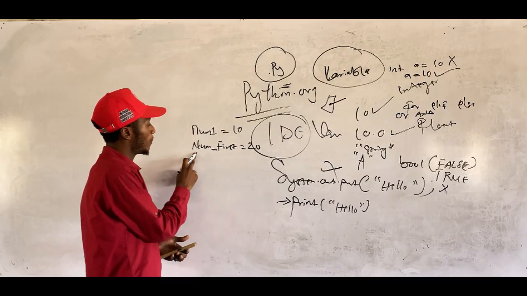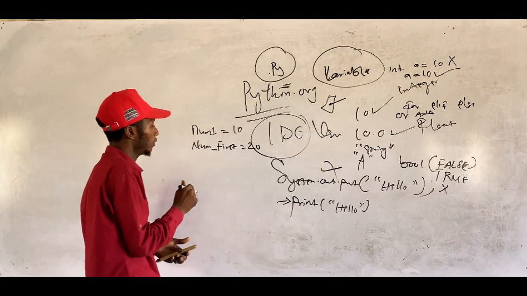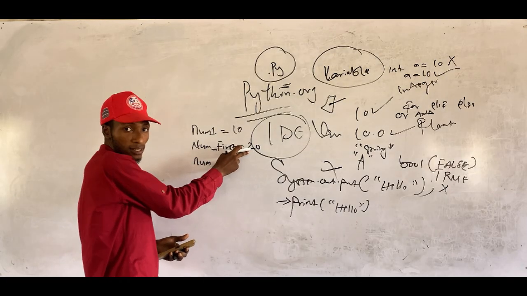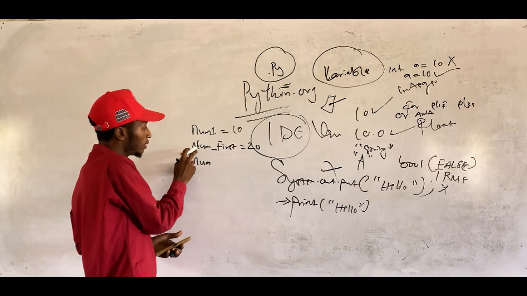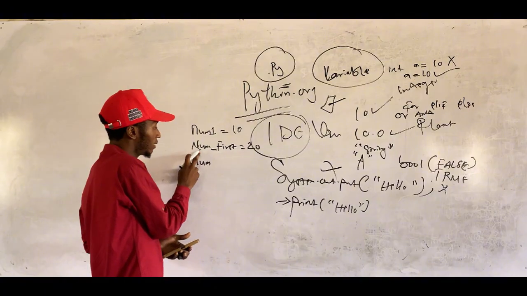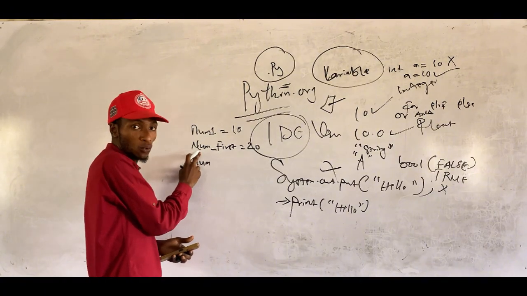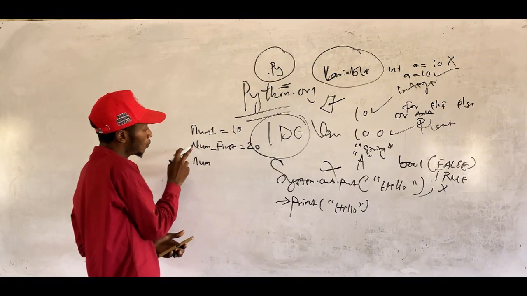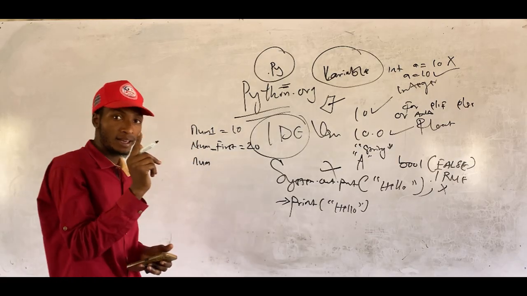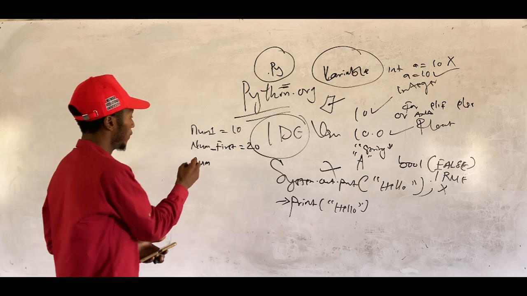I use my n as a capital letter. So if I want to refer to this 20, I have to use the same capitalization as my variable declaration, because I use capital N as my variable name.